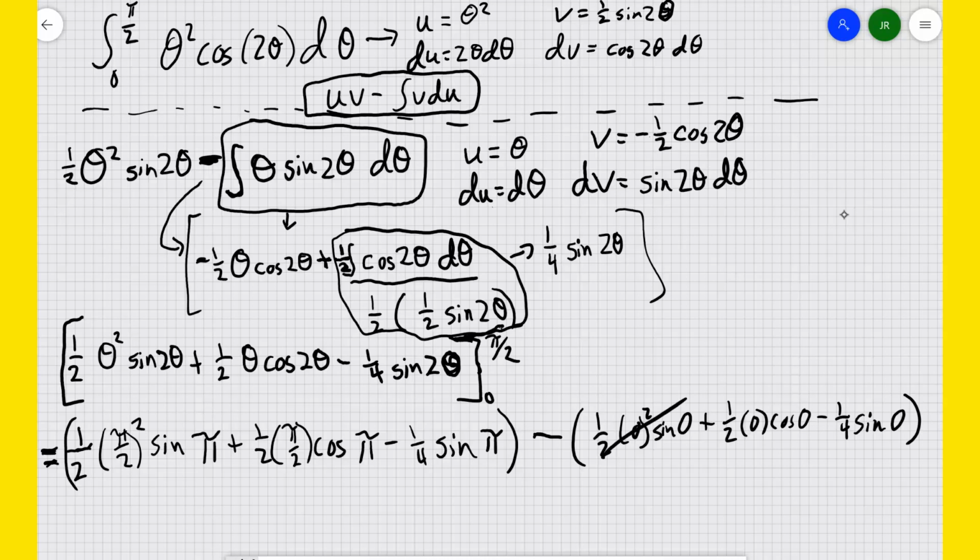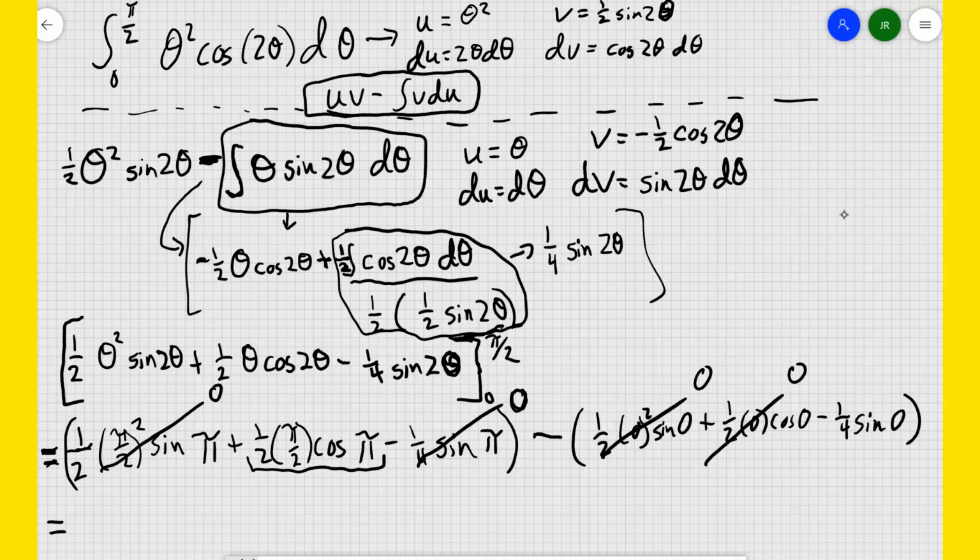Now this term goes to 0, this term goes to 0. So let's see what we got. So what about this term? Sine of pi. Sine of pi is also 0, so this term goes to 0. Which means this term also goes to 0. Alright, now let's look at this term.